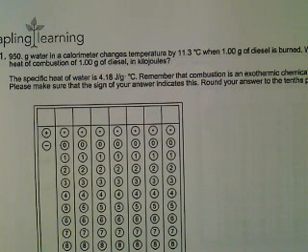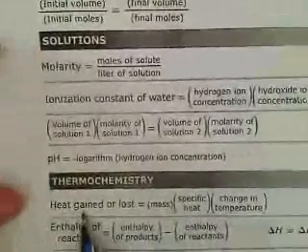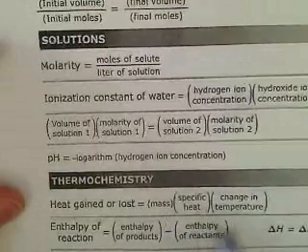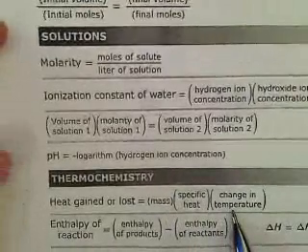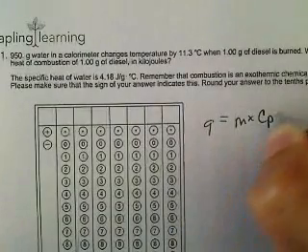All right, so what we need to do is use thermochemistry, okay? So we want to use the heat gained or lost. We need the mass, the specific heat, and the change in temperature, all of which we have. So we're going to say Q equals mass times Cp times the change in temperature.